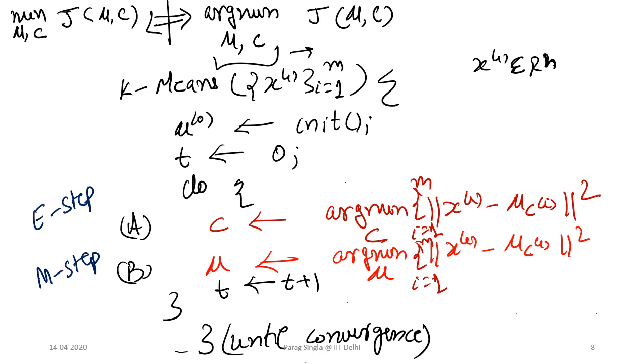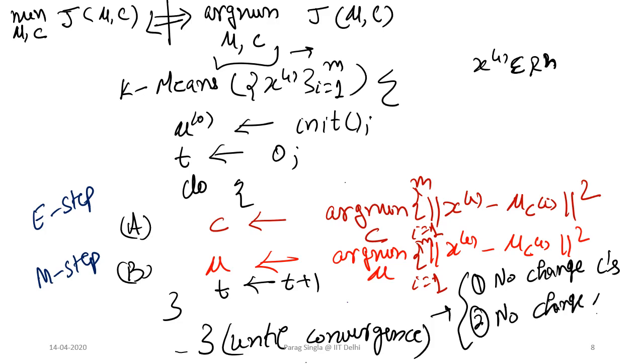But I want to mention one more thing, which is what is this convergence? So how do we detect convergence? It is essentially a check of whether there is no change in the cluster assignments, which also equivalently means that there is no change in the mu's.